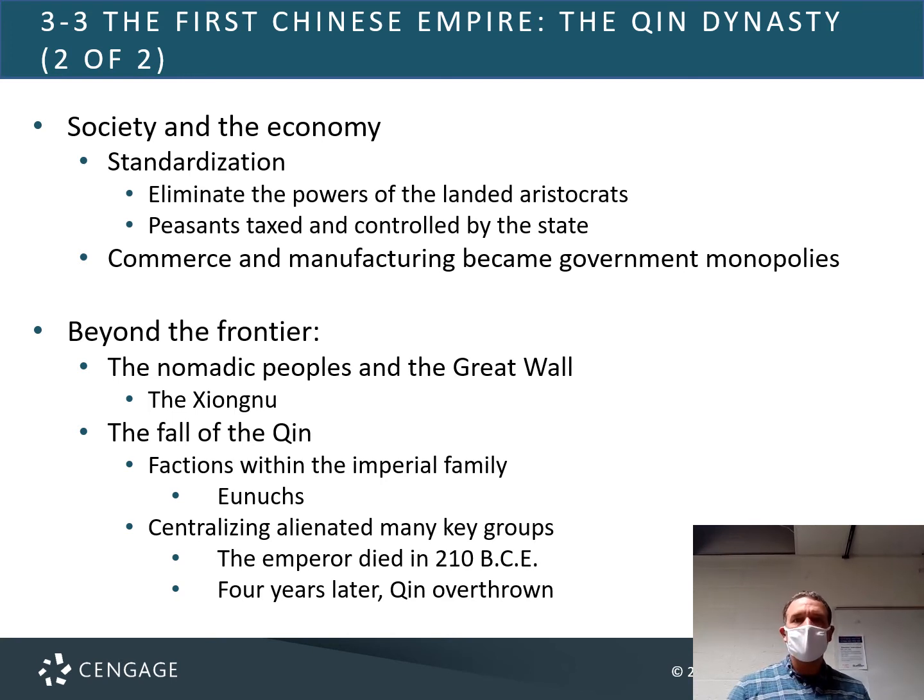Qin Shi Huangdi was also very hands-on with regard to foreign affairs. A main cause for concern were the nomadic people in the north called the Xiongnu, who became more nomadic and began moving southward in response to climate change.